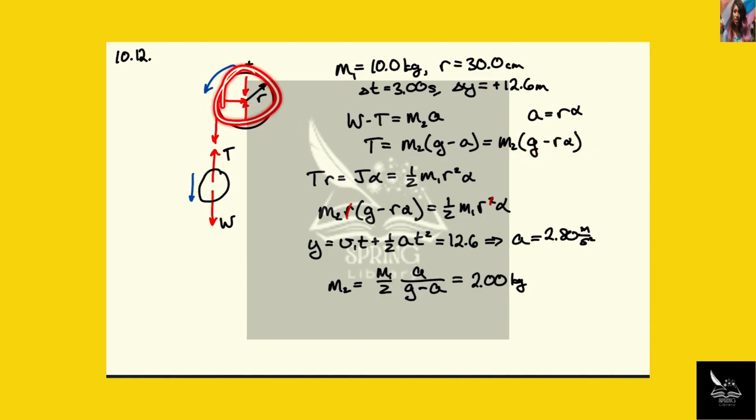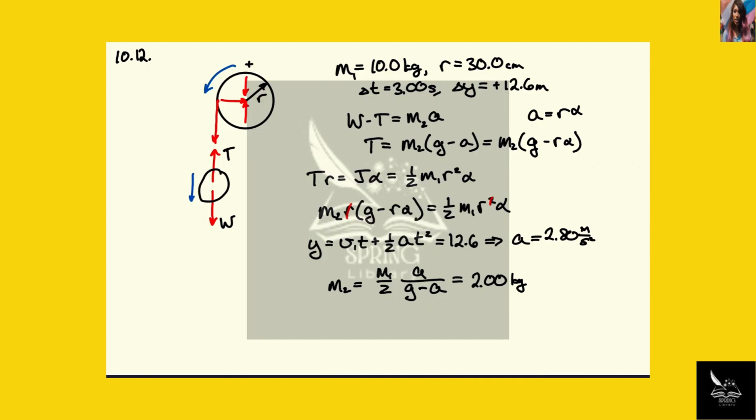Now doing a moment balance on the pulley about the center, so that the reaction forces and the weight all drop out, we get T times r, the torque, equals J alpha. J is 1/2 m1 r squared. m1 is the mass of the pulley, and m2 is the mass of the rock.